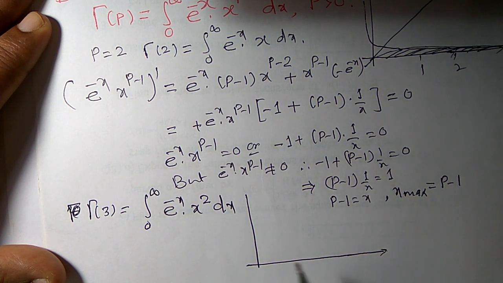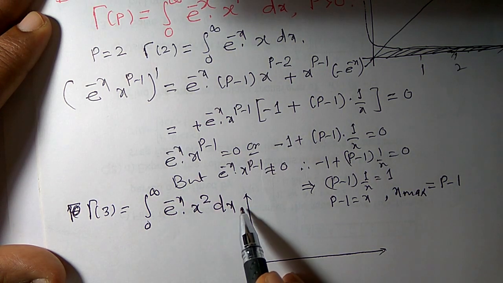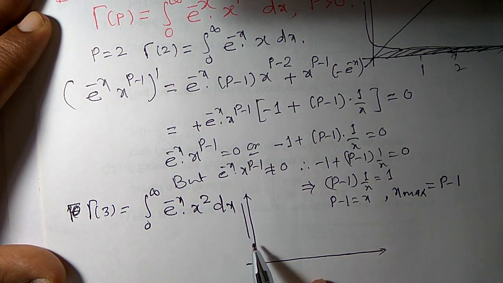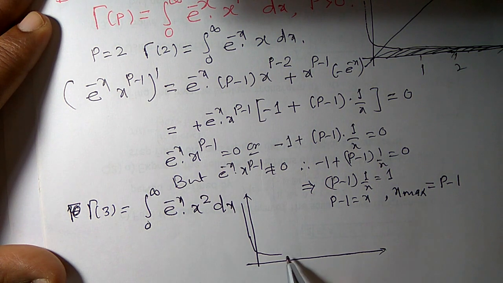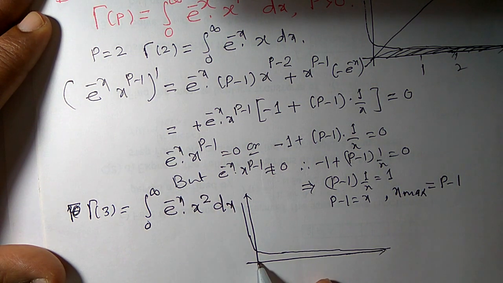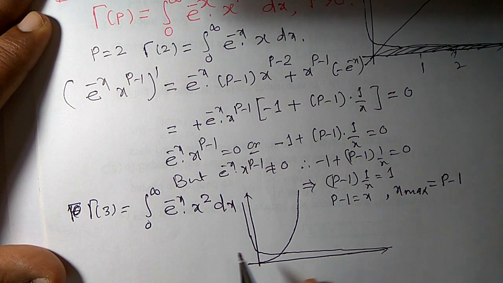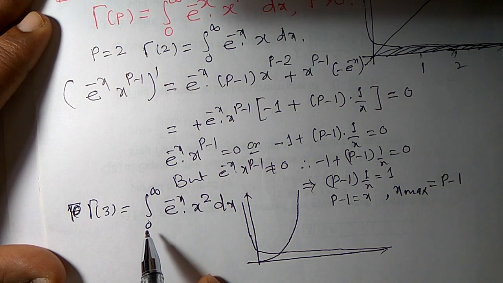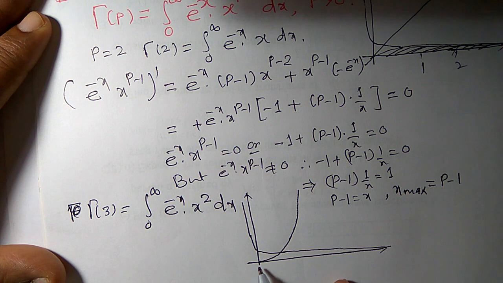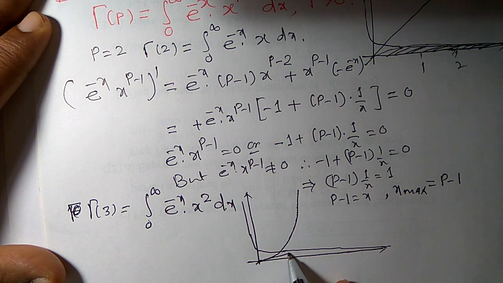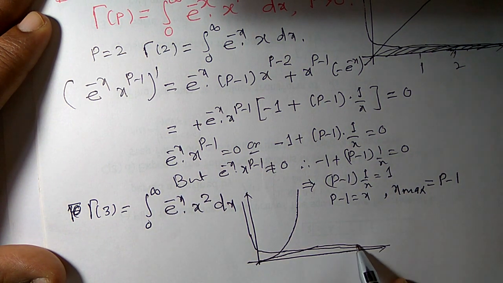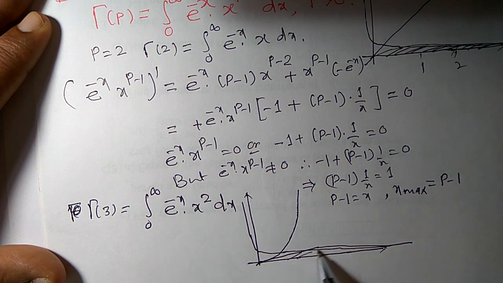This is the x-axis, and you can draw the exponential function. You will get an exponential function like this along with the x-axis. X square means you will get a parabolic curve. So the area under the curve between the limits 0 to infinity, with the x-axis as a boundary, is the required area.